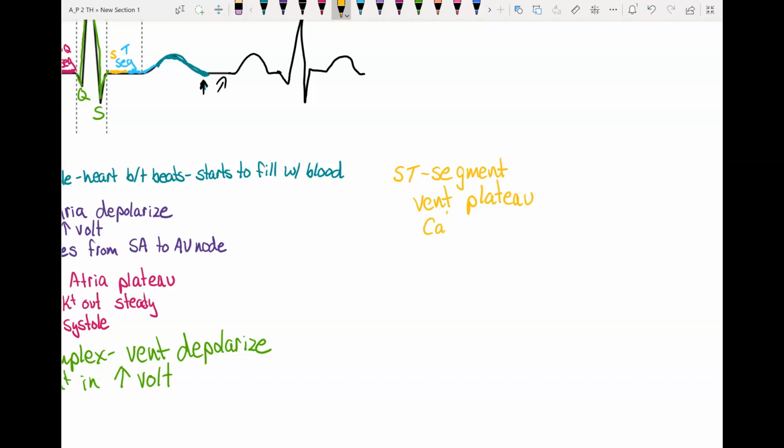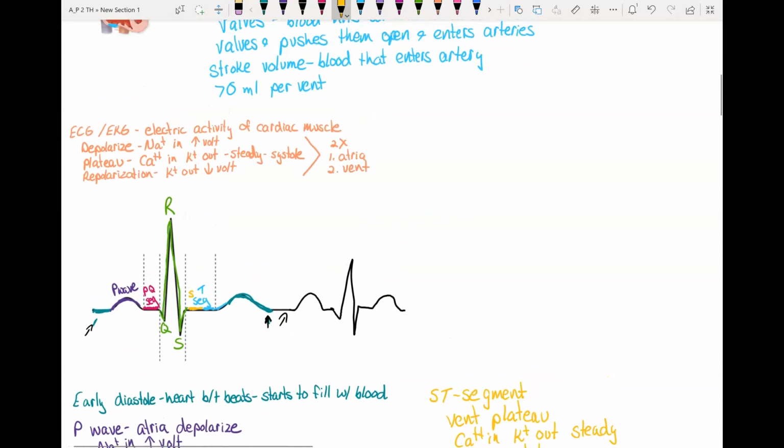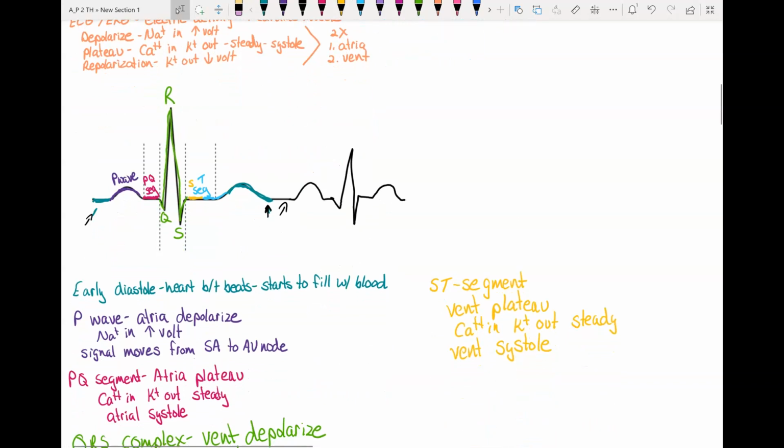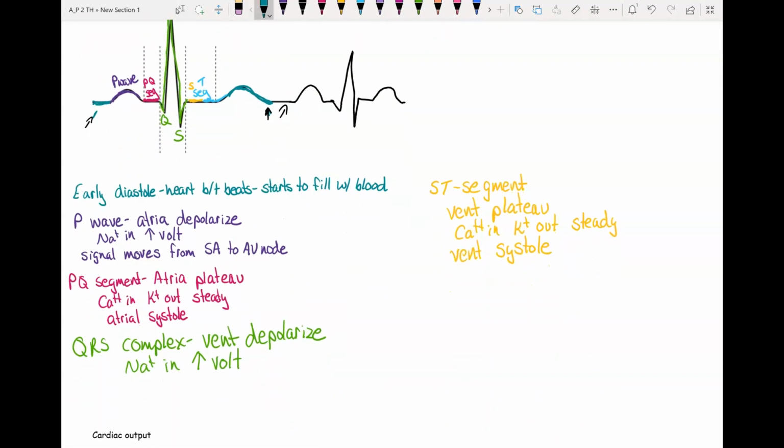So they have calcium in, potassium out, and the voltage is steady, and you have ventricular systole. Okay, then after plateau comes repolarization. So now we have the ventricles repolarize. This is the T wave.